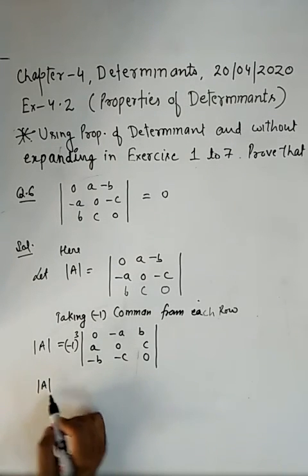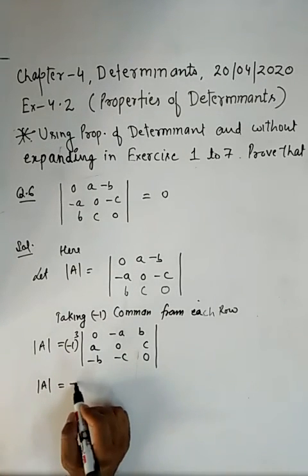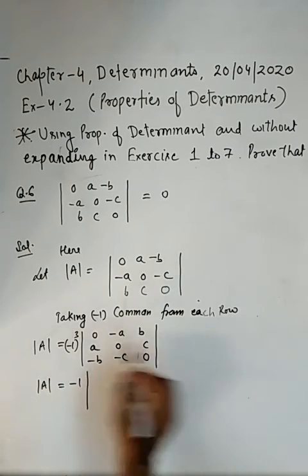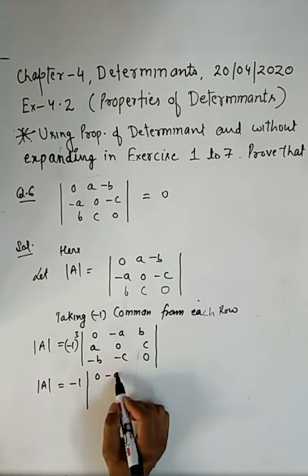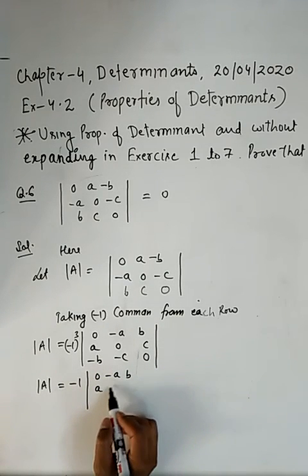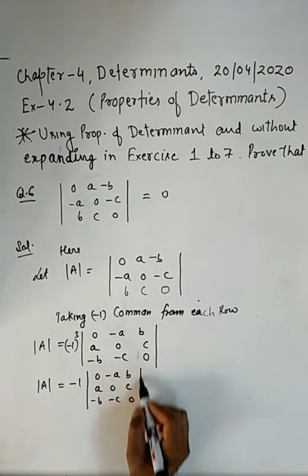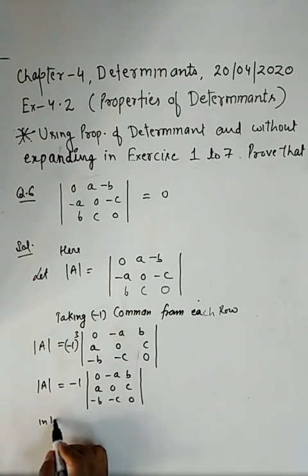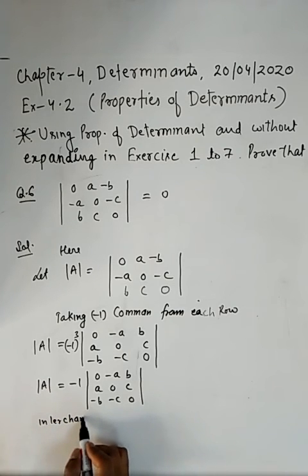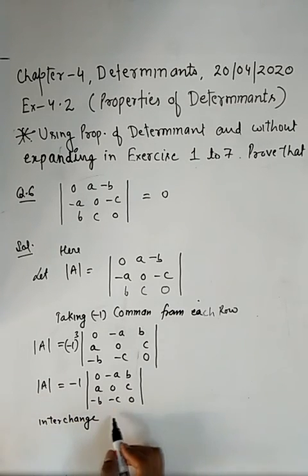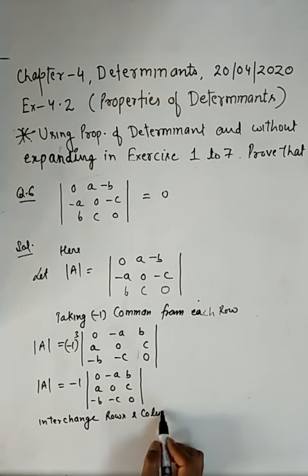Now determinant of A equal to minus 1 whole cube times this, which you have to copy only: 0, minus A, B; A, 0, C; minus B, minus C, 0. Now I interchange rows and columns.